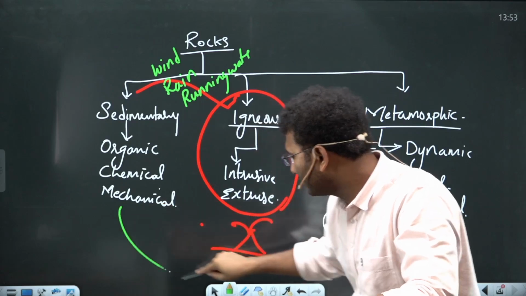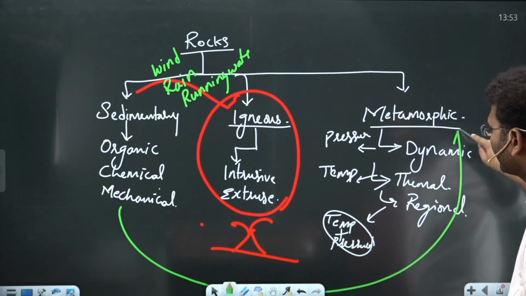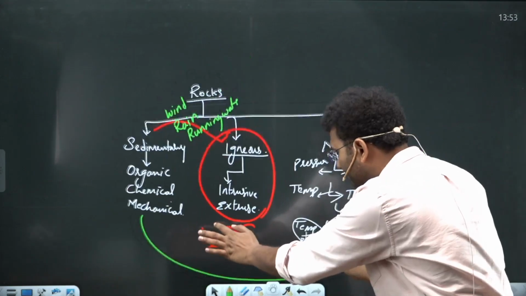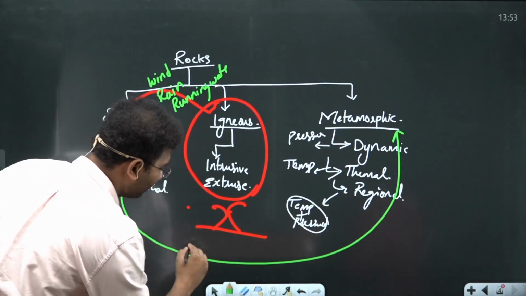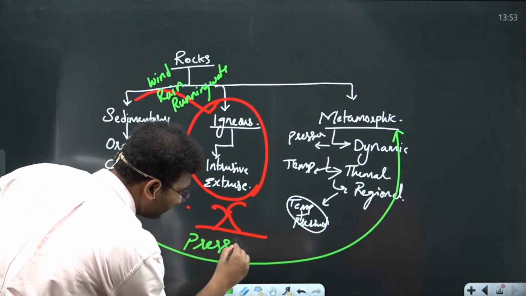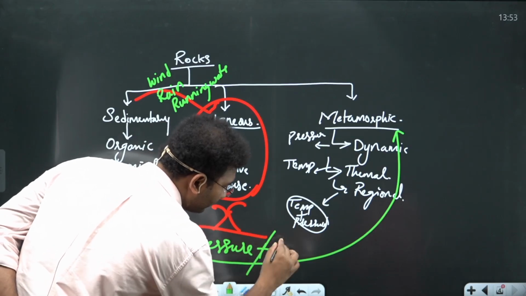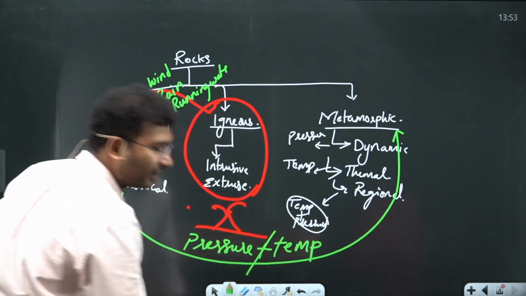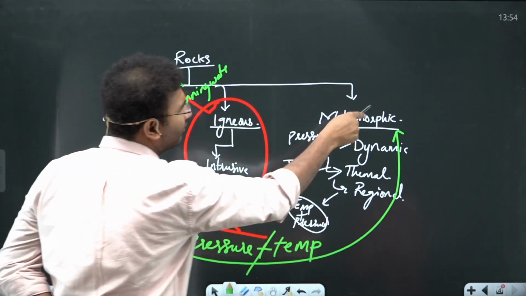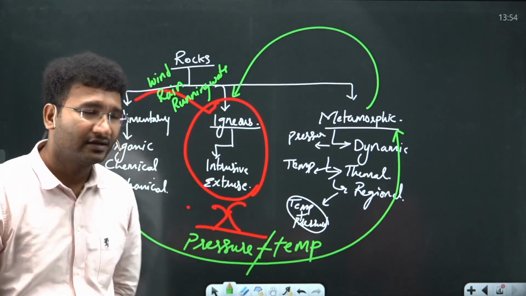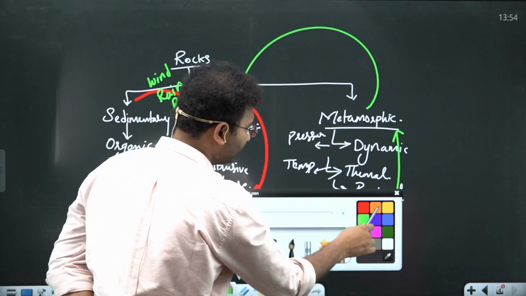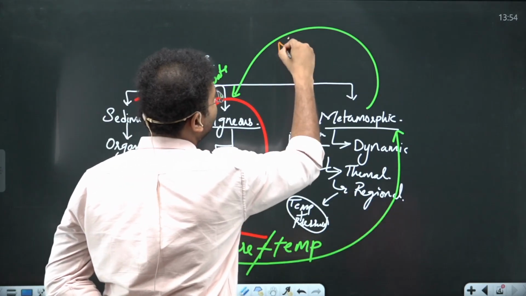Can my sedimentary rock become a metamorphic rock? Yes. Sedimentary rock can become a metamorphic rock if I give pressure and temperature. Now can my metamorphic rock become igneous? Yes. Your metamorphic rock can also become igneous when it is completely melted.